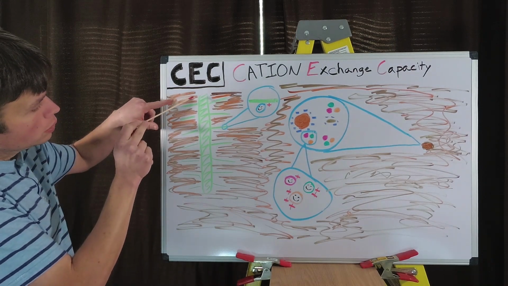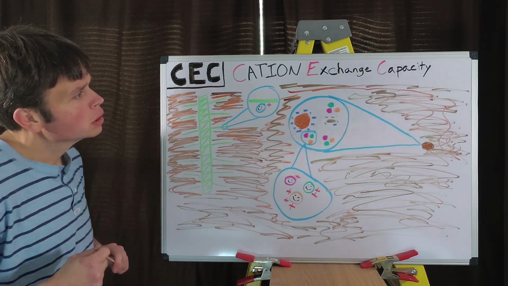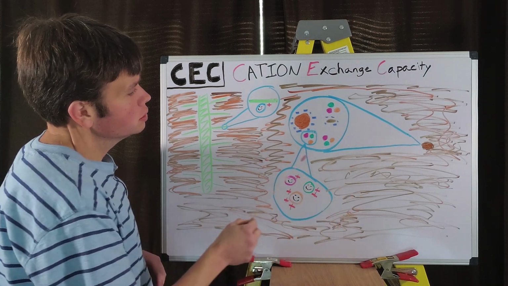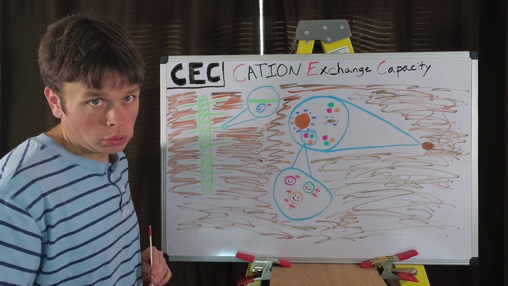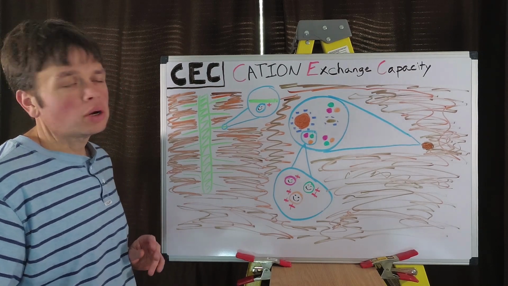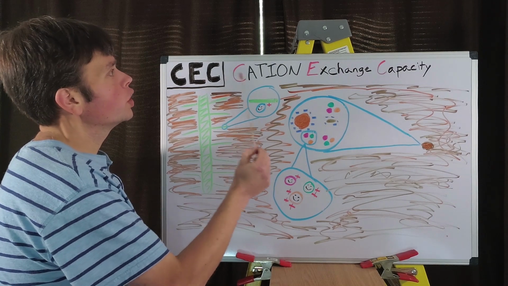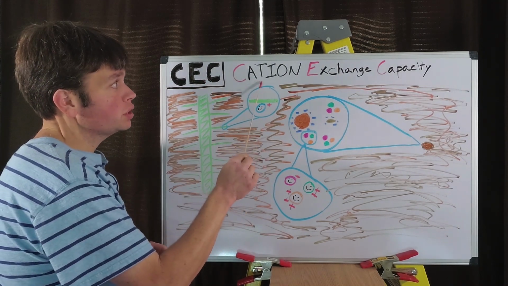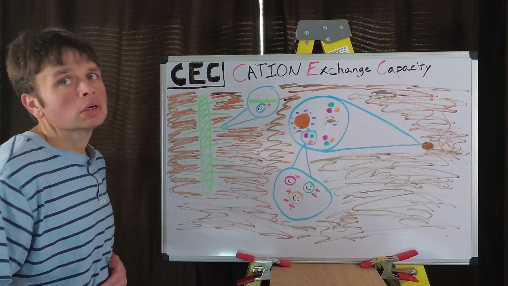We got one little root with its little hairs, and in 3 spots we have zoomed in with our power zoomer. So now we're going to just break down each letter of the CEC. As you can see, it's the Cation Exchange Capacity.